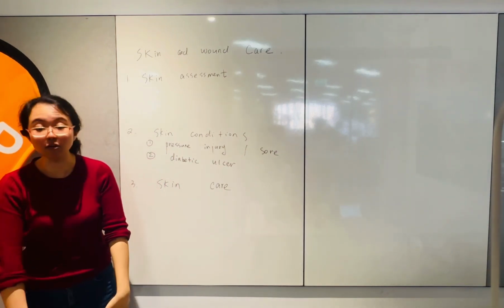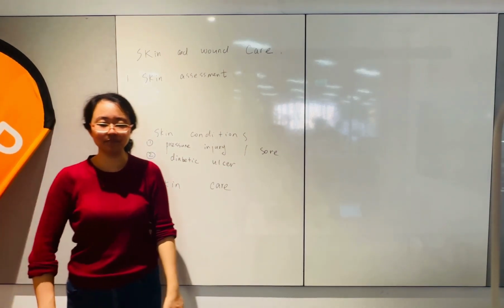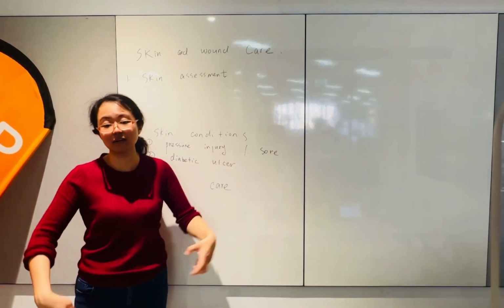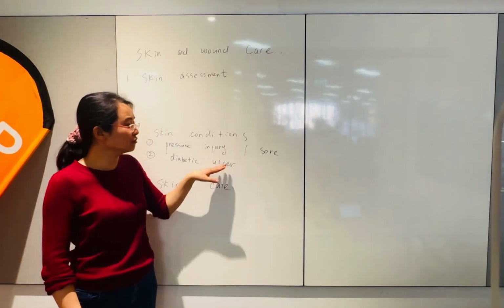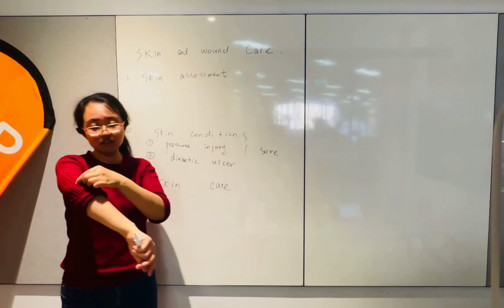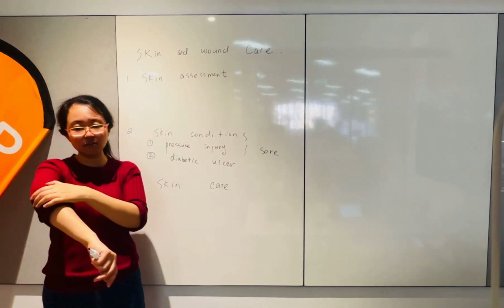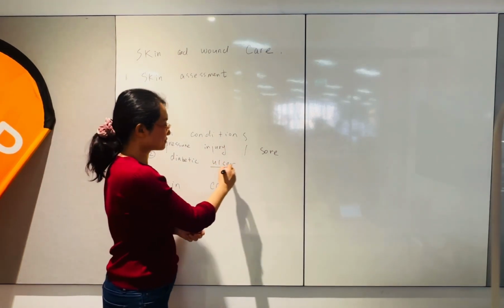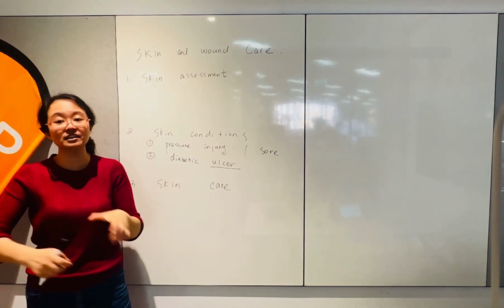Especially on the lower legs. This is called a diabetic ulcer, or on their feet. An ulcer is like an erosion area, where the skin tissue gets lost, so it forms a hole. Some skin tissues get eroded.